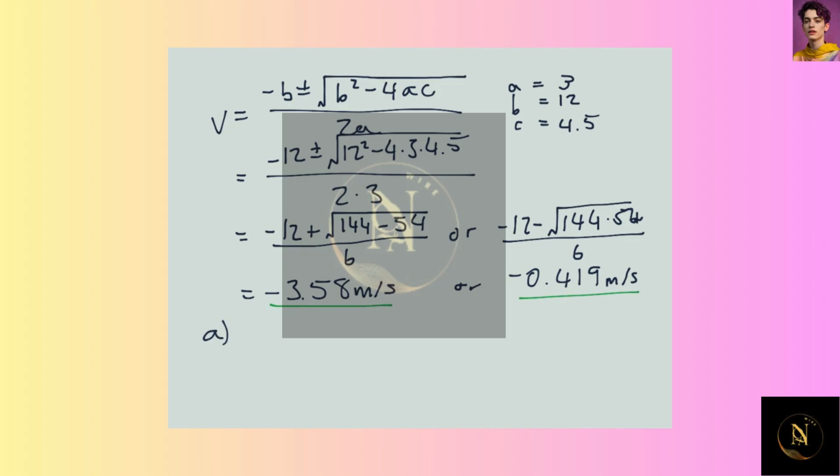But that's not all we have to find. We also have to find A. And A, if you remember, was equal to negative 8 minus 3V. And that's V2F too.